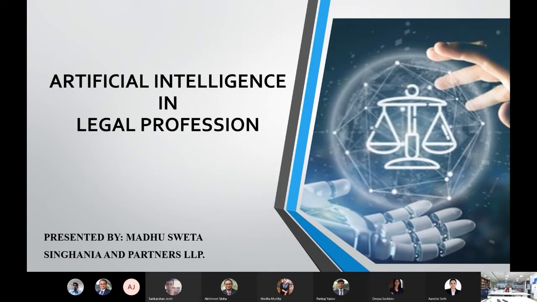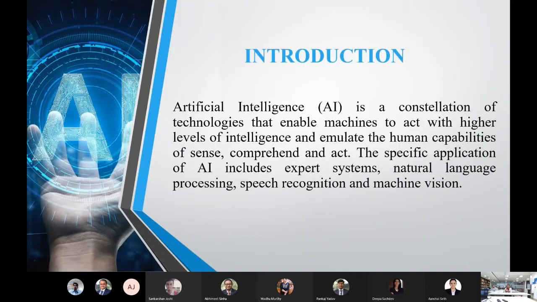These are a couple of terms which I am just saying because you will find this being used in a lot of spheres. It's very simple, only the terminology is a little difficult. So it includes expert systems, then natural language processing, speech recognition, and machine vision. So these are the basic, just to define what is the introduction and what is the AI.